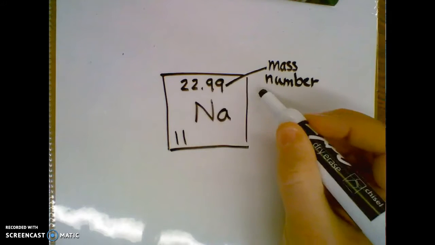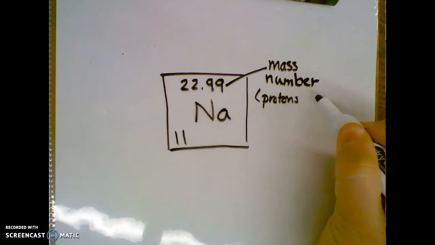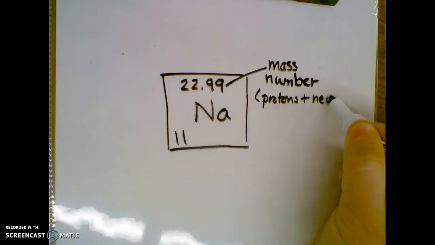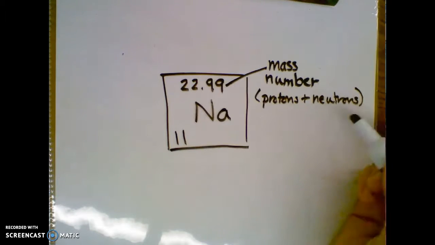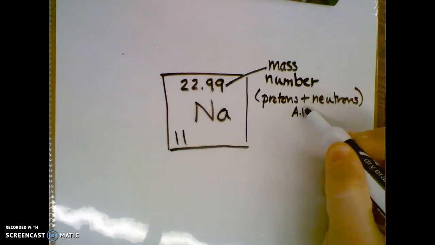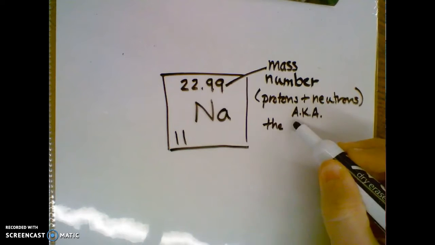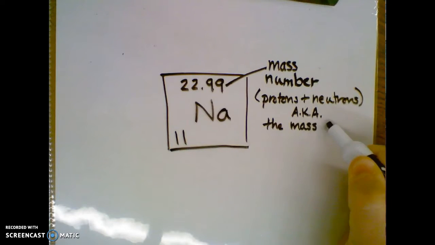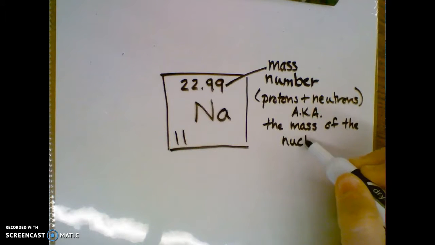But just remember, if you see the word mass, that means it's the protons plus the neutrons, which is essentially just the mass of the nucleus. So it's just how much the nucleus weighs, the protons plus the neutrons.